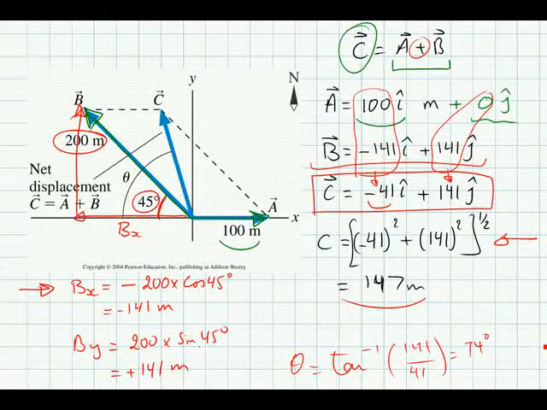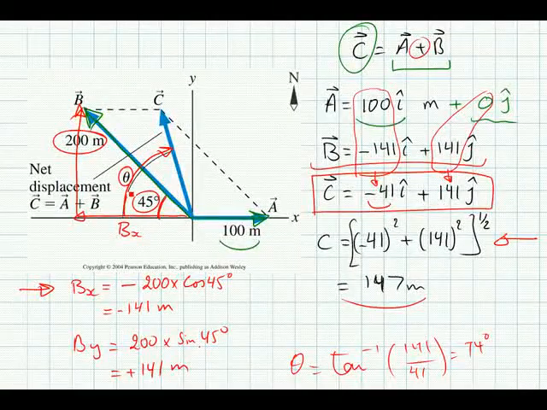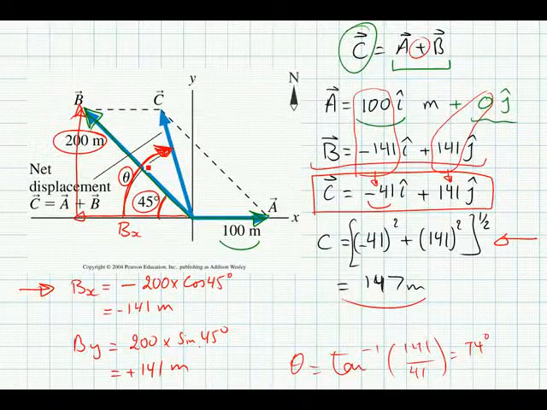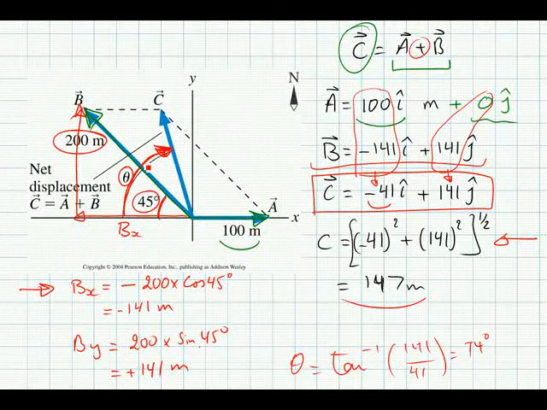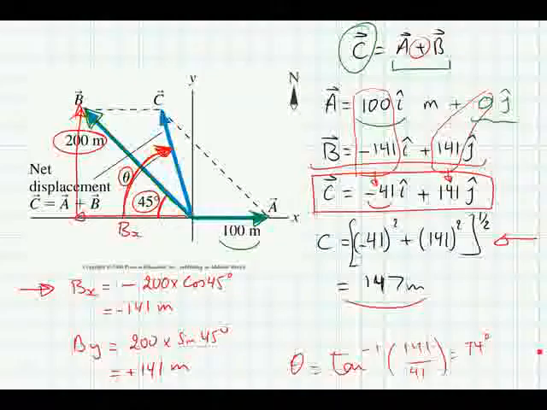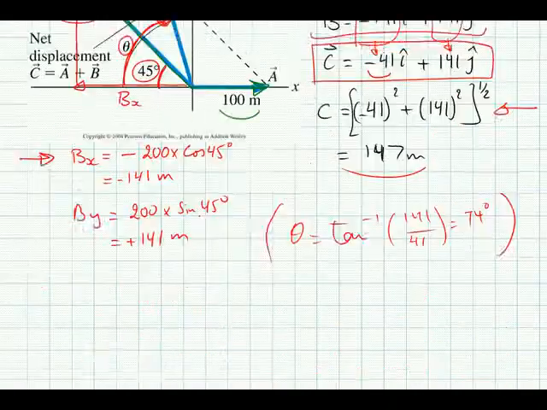And if we choose to define vector c using this angle theta in the drawing, i.e. with respect to the negative of the x-axis, then theta becomes inverse tan of 141 divided by 41, which is 74 degrees.